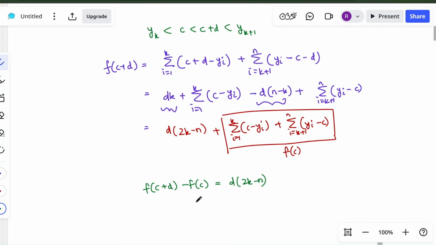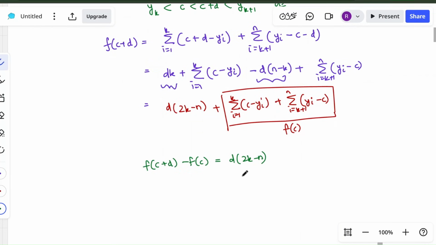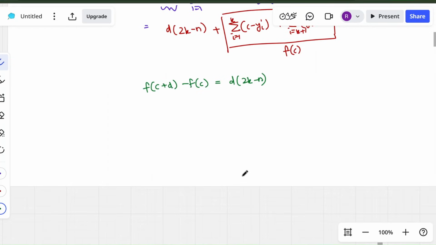So d is positive by assumption, because c plus d is bigger than c, so d has to be positive. That is fine. What about 2k minus n? If 2k minus n is less than 0, that is, if 2k is less than n, then f is decreasing, because then this will be negative.